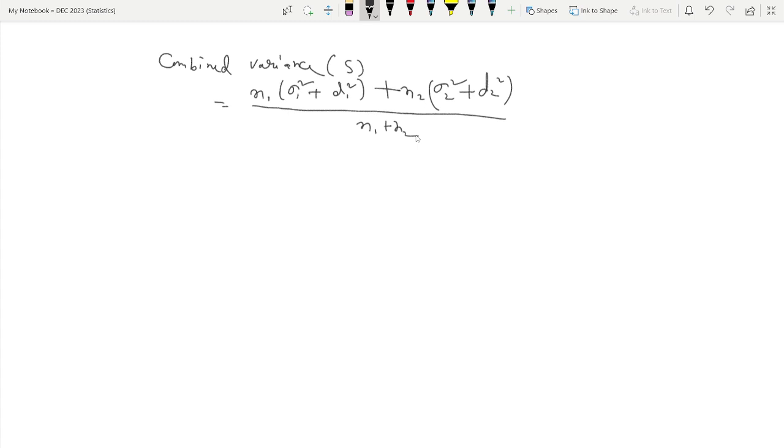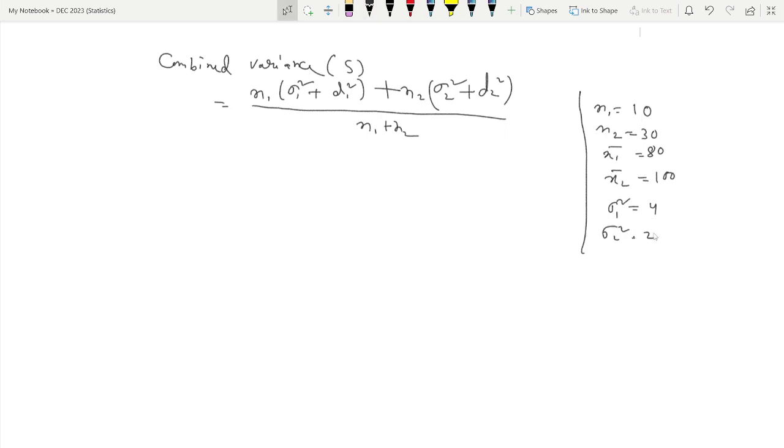Now we write the value of N1, N2. Here N1 is the total number of observations of group 1, and here N1 equals 10, N2 equals 30, x1 bar equals 80, x2 bar equals 100, and sigma 1 whole square equals 4, sigma 2 whole square equals 2.